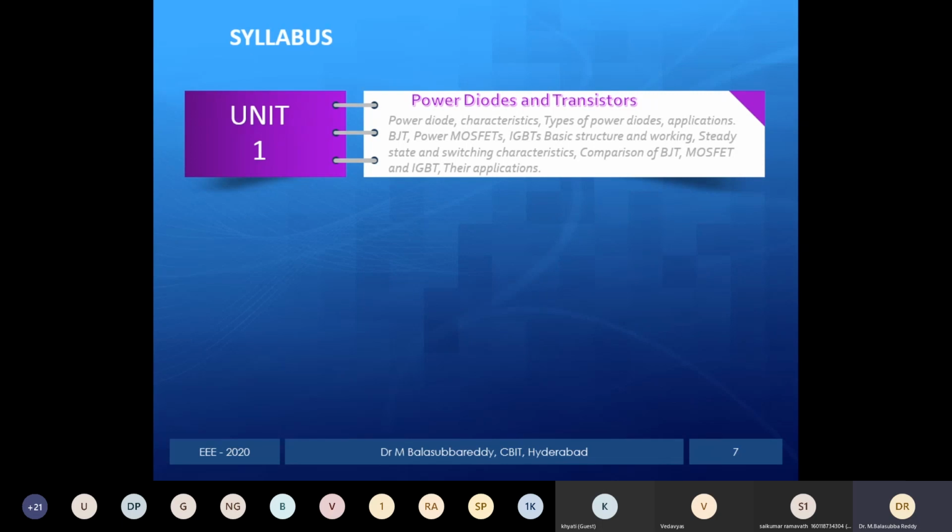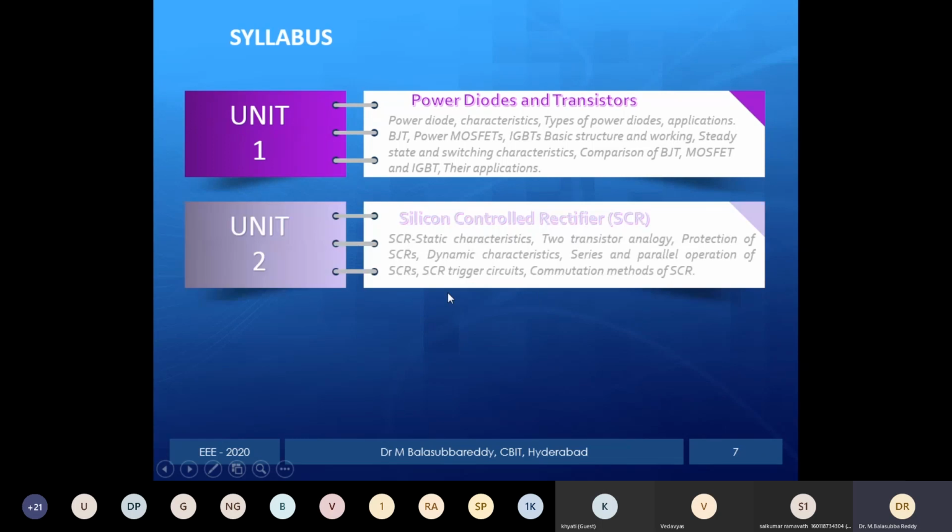So these are the 3 devices. In detail we are to see the basic structure, working principle, and then characteristics, input and output characteristics, and their applications. This is completely only the devices, that is diode, BJT, MOSFET, IGBT. So these are only the device constructions and all.